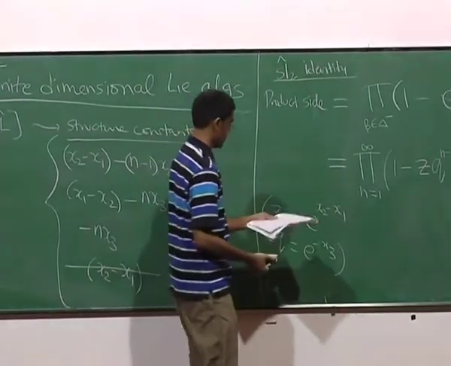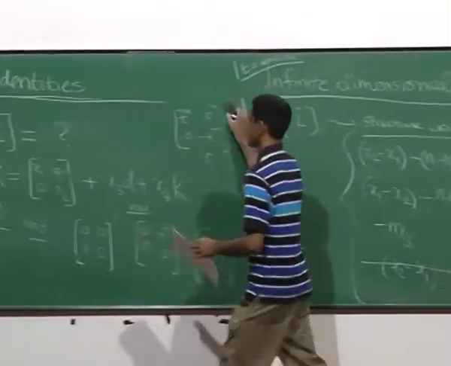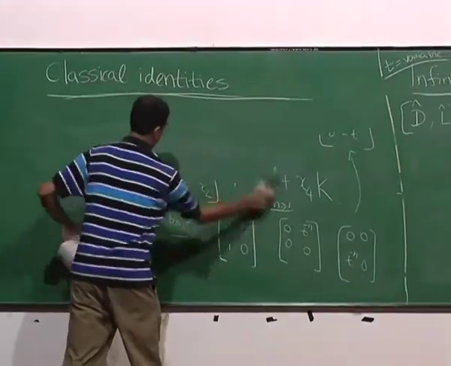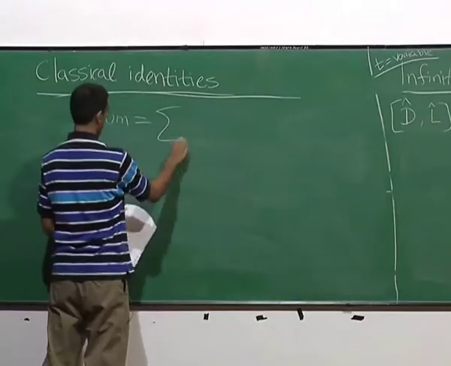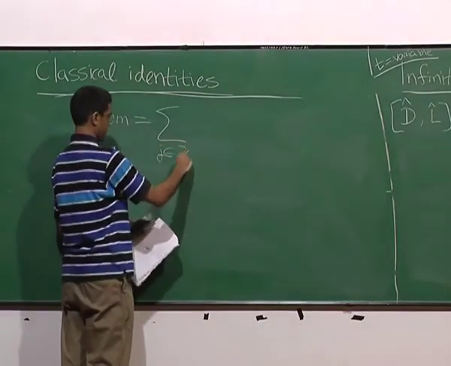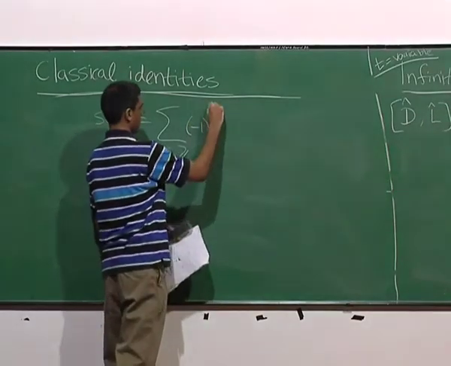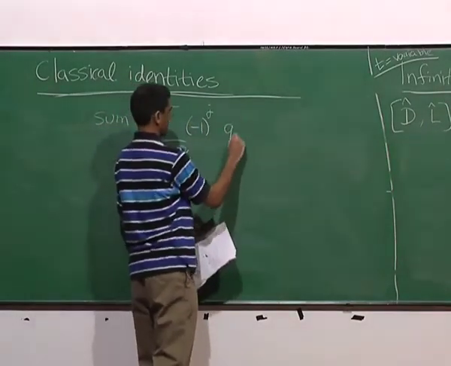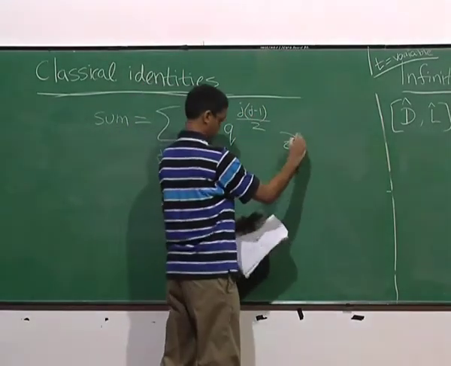And the sum side of the identity, by a similar token, starts looking like it's now a sum over a group. It can be rewritten as a sum over the integers of this.